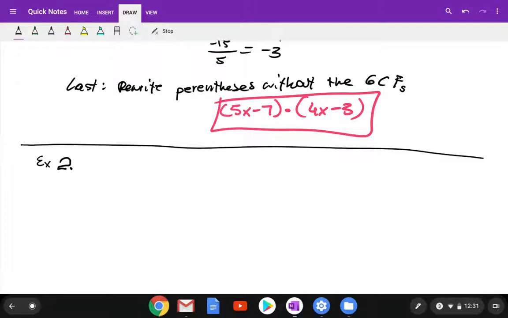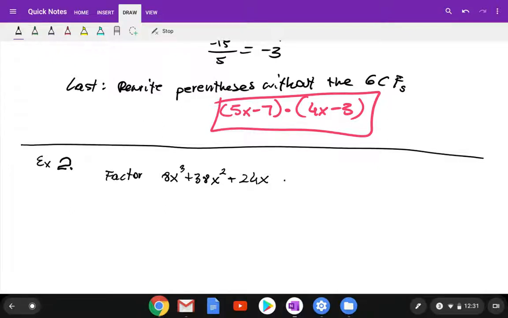Factor 8x to the third power plus 38x squared plus 24x. Like you see, this is the example which we did in the previous section.